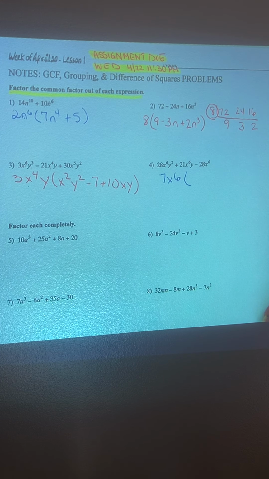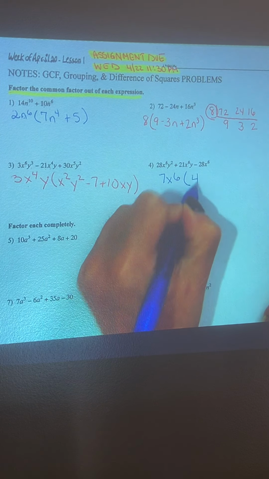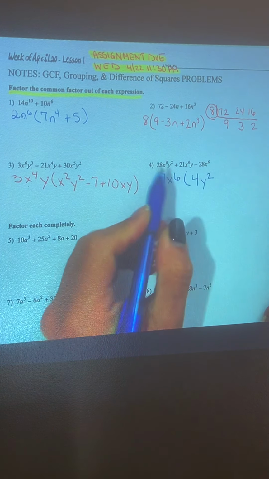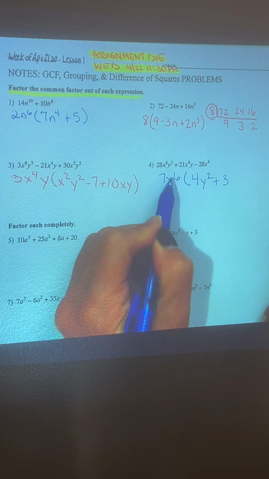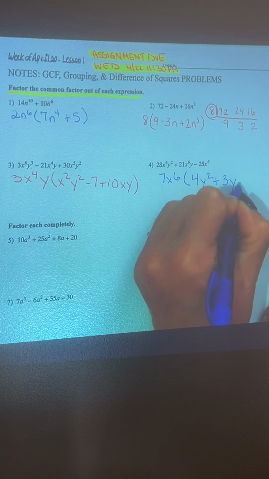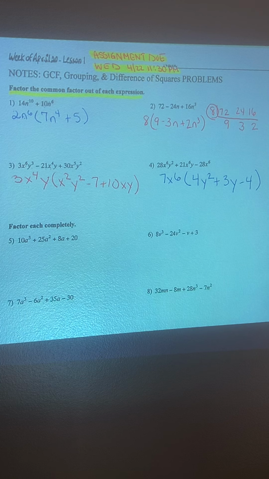Dividing your numbers, subtract the exponents. 7 goes into 28 four times, x^6 minus x^6 cancel, and we're left with y^2. 7 goes into 21 three times, x^6 minus x^6 cancels, and you're left with y. 7 goes into negative 28, negative 4, x^6 minus x^6 cancels. And there you have your greatest common factors.